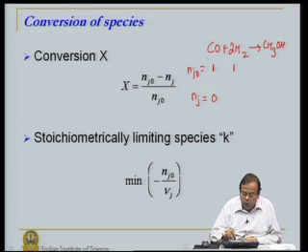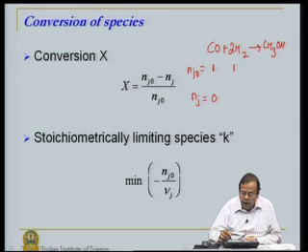No, because if you look at the stoichiometric coefficients, to completely consume 1 mole of carbon monoxide, I need 2 moles of hydrogen, but I had only 1 mole. That means, in this example, hydrogen is the limiting species, because my reaction will stop the moment my hydrogen is exhausted from the system, and therefore I refer to hydrogen as my species K, that is the limiting species.